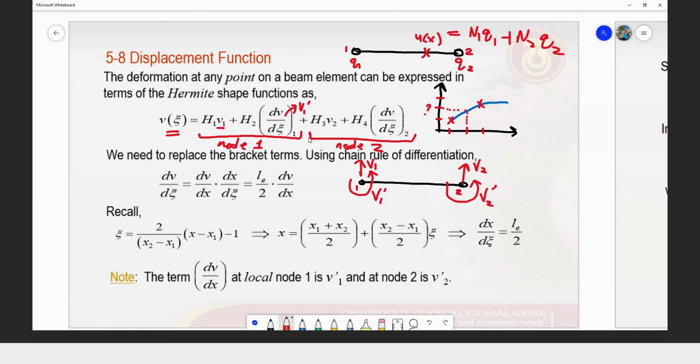And then we apply this sama macam kita solvekan beam structures. Then yang ni saya tak perlu discuss detail sebab proses dia dah sama je dengan beam.